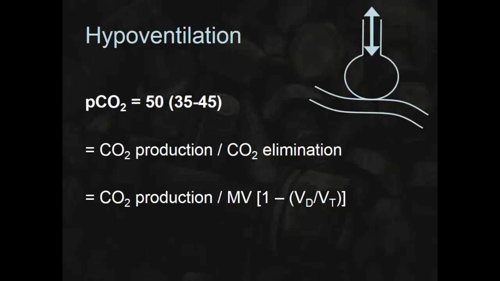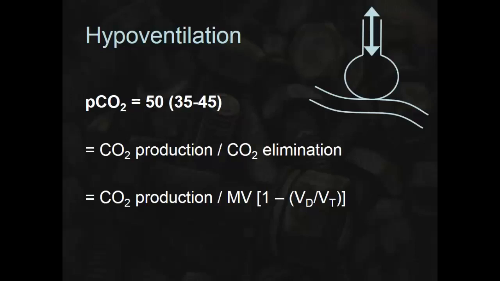But luckily, when we exercise, or when we hyperventilate, we don't only increase our respiratory rate, we also increase our tidal volume. Therefore, we decrease the ratio of VD over VT because we increase our tidal volume.